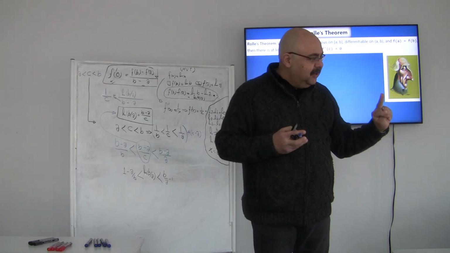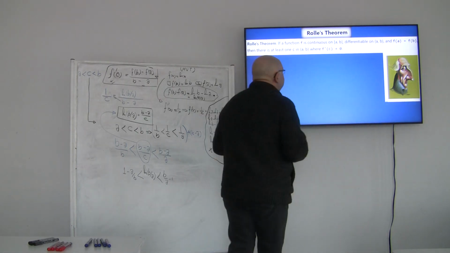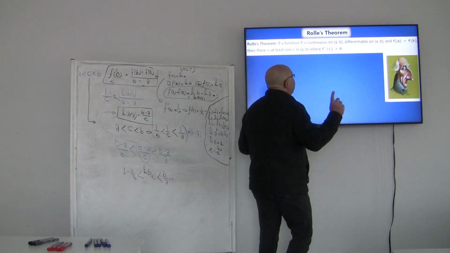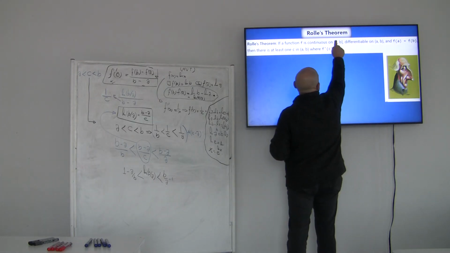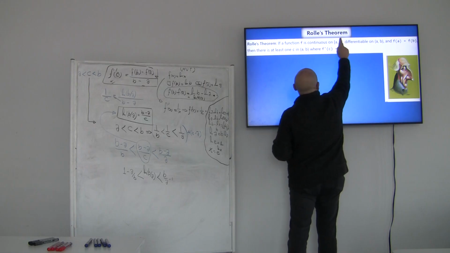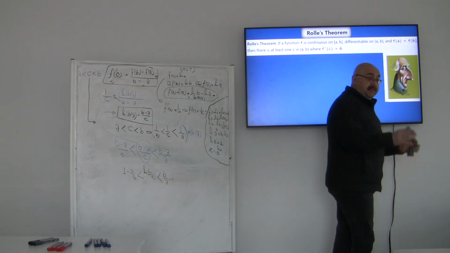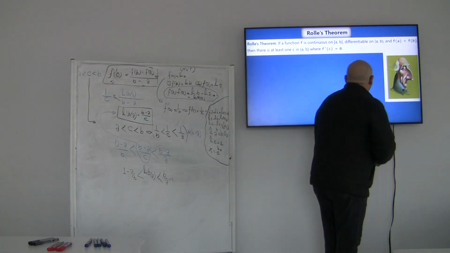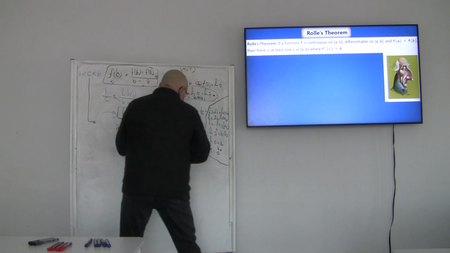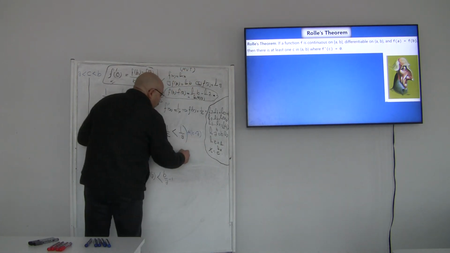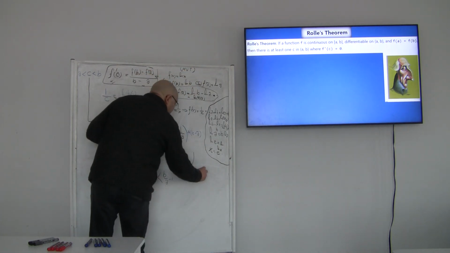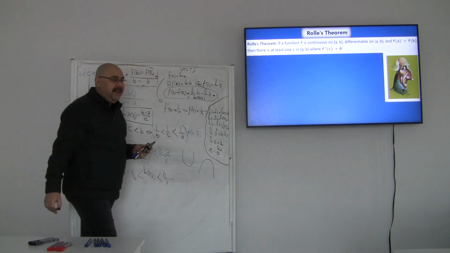Continuous and differentiable. For Rolle's, you have continuity and differentiability, and the value of the function at the beginning of the interval is equal to the value of the function at the end of the interval. So f of a equals f of b. If you have something like this, your function will be something like this or something like that. Am I right?